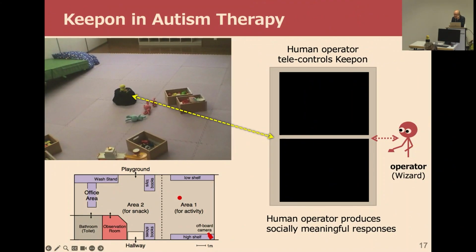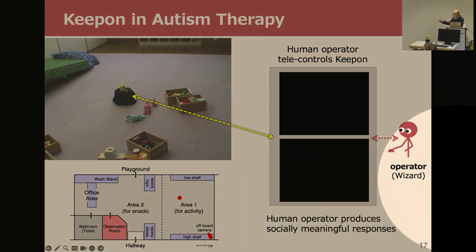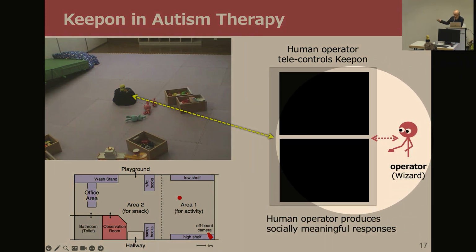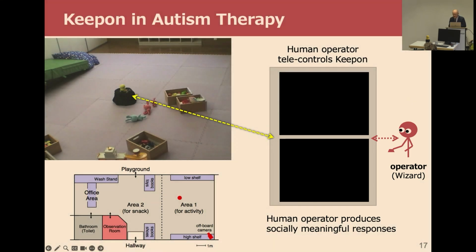In this observation, we used a human operator, a so-called wizard, who remotely controls Keepon in real time from a separate room, colored pink on the map at the bottom.